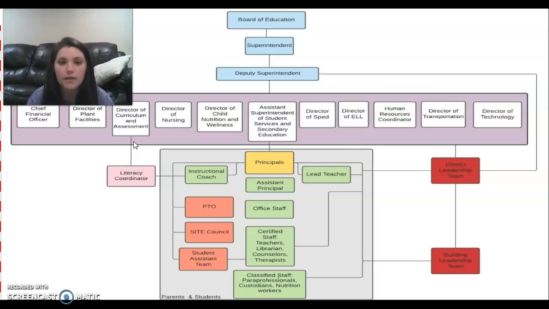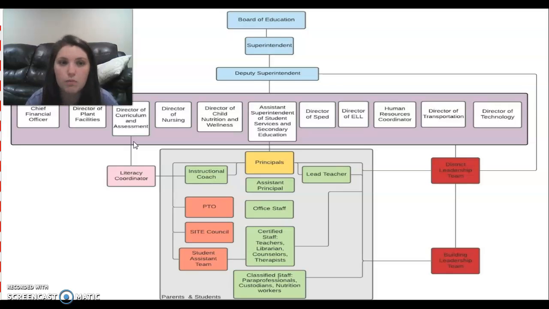And then over here on this side we have building leadership team, so our BLT, they discuss any needs in the building, and then anything that needs to be discussed coming up or any issues we have. That consists of classified staff, certified staff, lead teacher, and principal. So it's a mix of people on that team. And then same goes with the district leadership team.